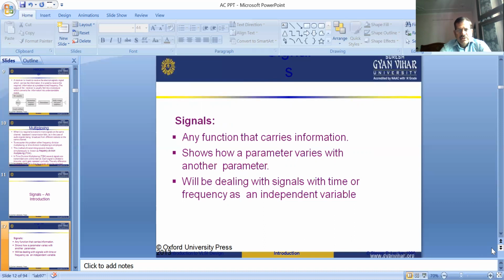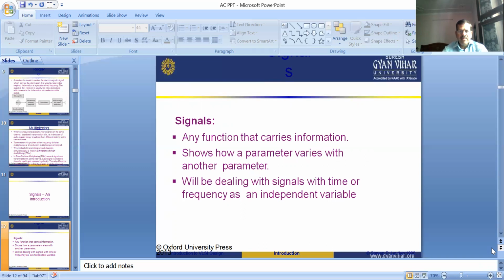Signals show how a parameter varies with another parameter, and we will be dealing with signals with time or frequency as the independent variable.